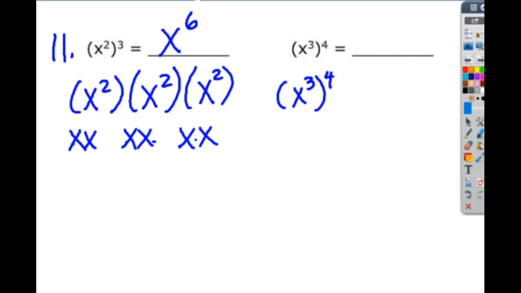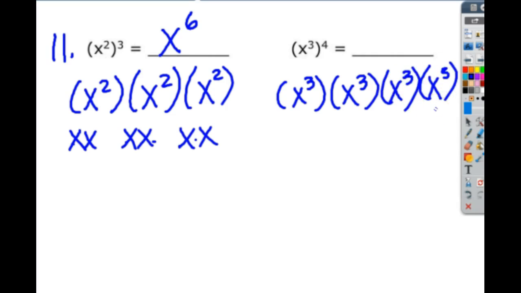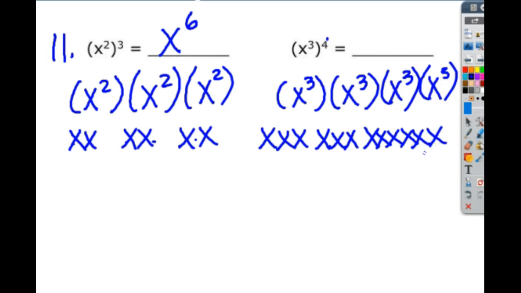I'm expanding the 4. X to the third power, x to the third power, x to the third power, another x to the third power. I wrote them down 4 times because of that 4 right there. How many x's altogether? When you count them all up, there would be 12.